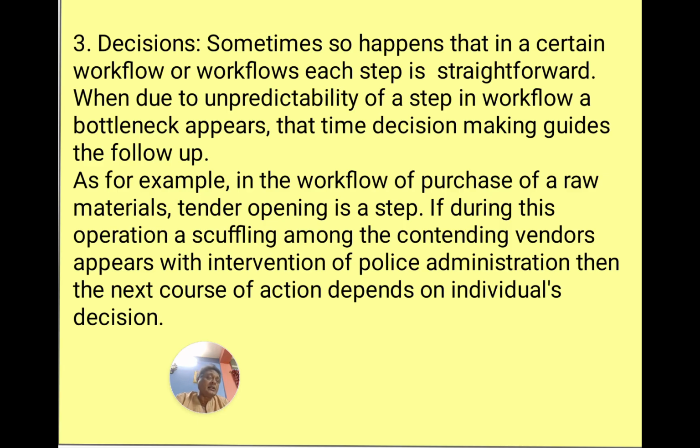What does this mean? Suppose a company is going to purchase some materials from the vendors. Suppose there are 3 or 4 vendors. And in this process, tender opening is a part of the workflow. There are so many processes involved.